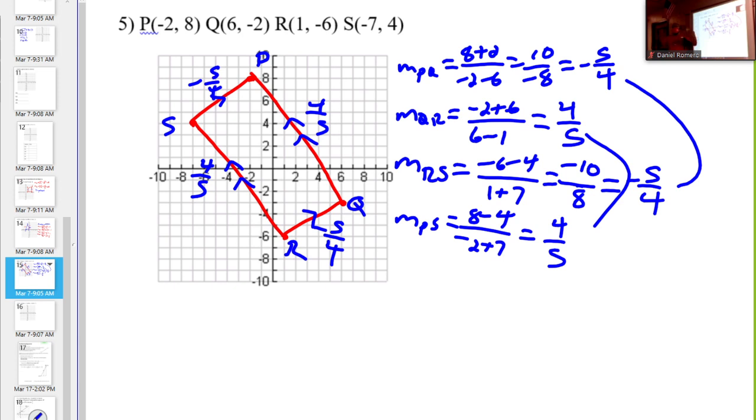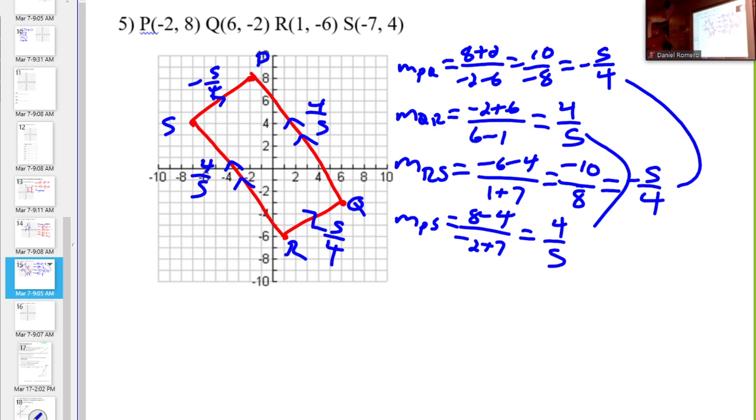A parallelogram has opposite sides congruent. We haven't shown that, but we have properties that say that. If both sets of opposite sides are parallel, they're also congruent. But now a rhombus, they'd all be congruent. If you want to try to prove it, go for it. From the picture, it sure doesn't look like it, so I'm not going to waste my time with that.